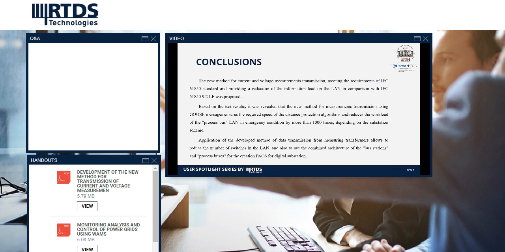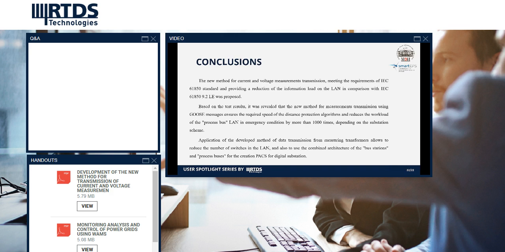I would like to end by emphasizing the main points. A new method for current and voltage measurements transmission, meeting the requirements of the IEC 61850 standard and providing a reduction of the information load on the LAN in comparison with IEC 61850-9-2 LE, was proposed.